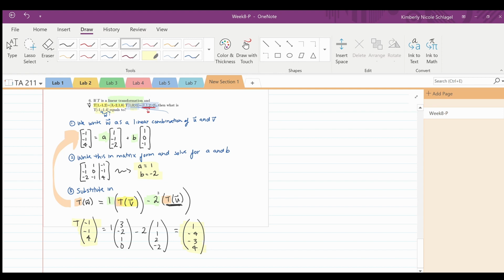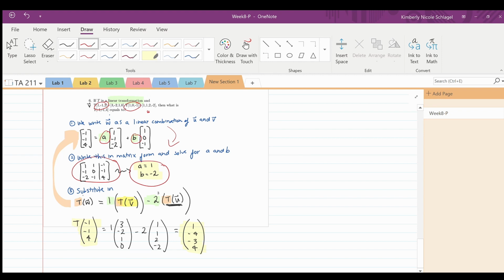So you write W as a linear combination of this one and this one, and you have your A and B here. Next, you're going to change this into matrix form and solve for your A and B values.